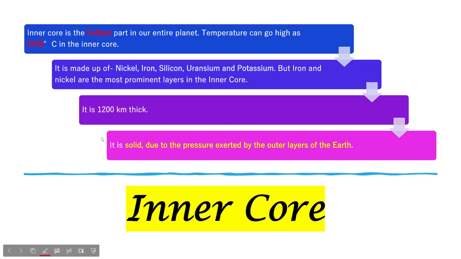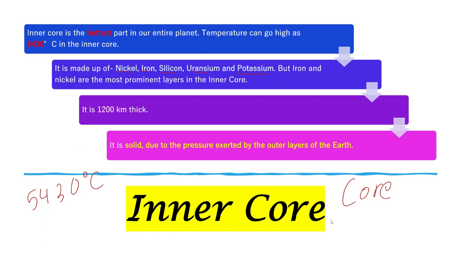Now it's the hottest part, and the temperatures may reach up to 5,430 degrees Celsius. It's basically made up of nickel, iron, silicon, uranium, potassium, but mostly nickel and iron are the prominent minerals in the inner core. That's why we know the whole core as Nifi.